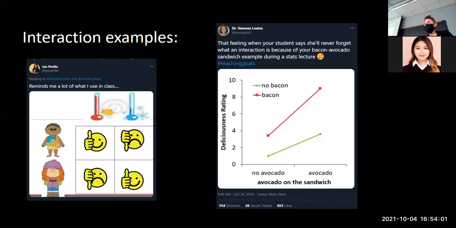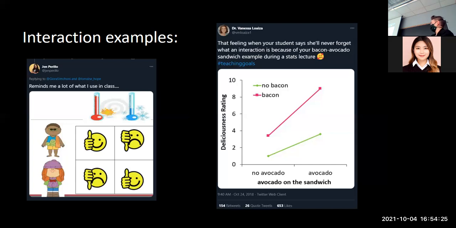If there's no bacon, it can be vegan bacon if you're a vegan person. If there's no bacon, what's the strength of the relationship between avocado and deliciousness? Is it weaker or stronger if there's no bacon than if there is bacon?